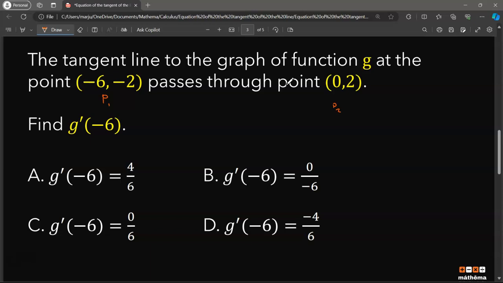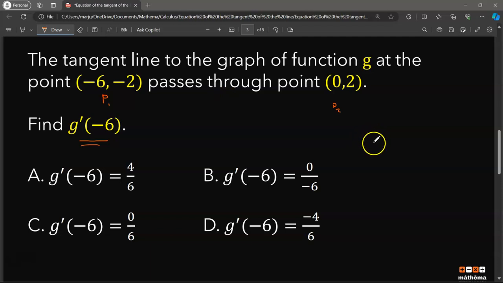So how are we going to do this? We are asked to find the slope of the function g. This is similar to our previous exercise. So what we're going to do is make use of the slope formula.